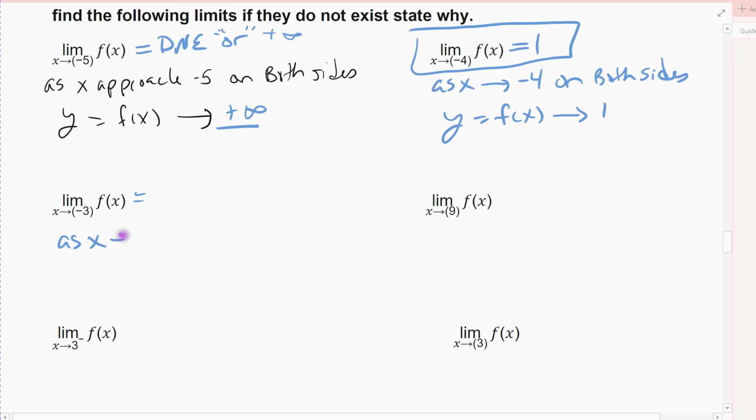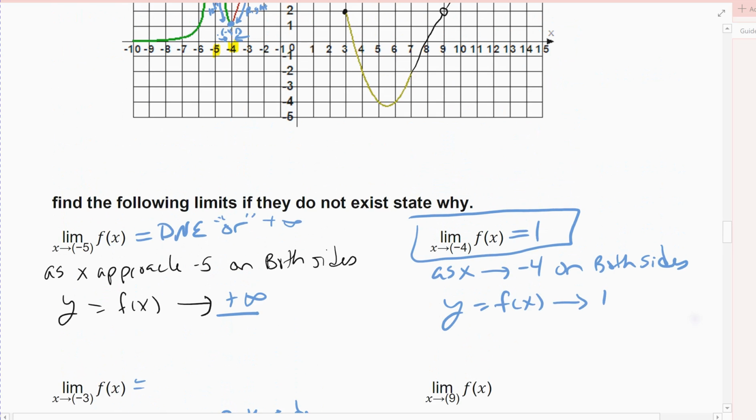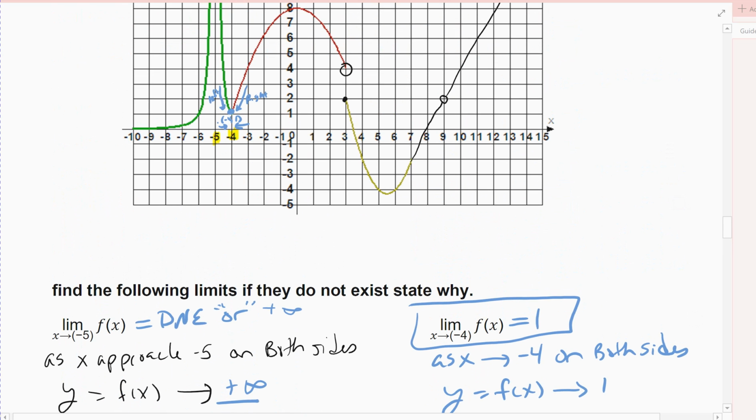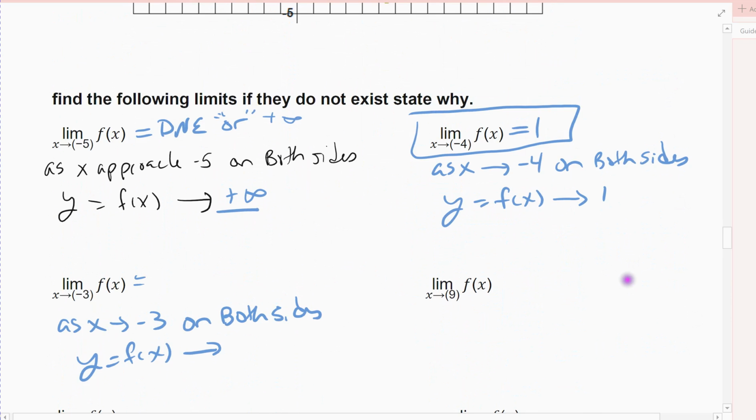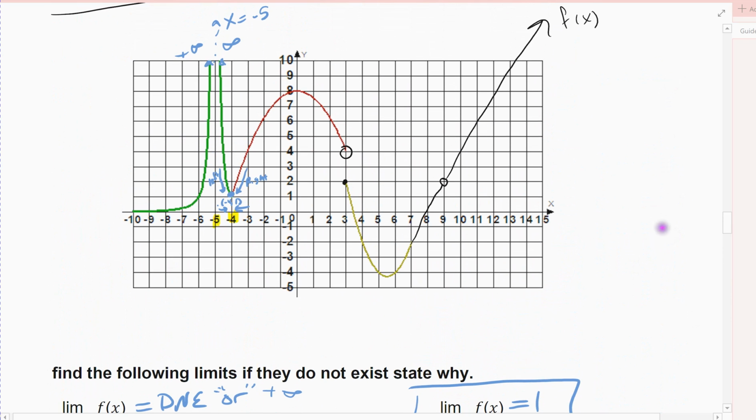All right, -3 is the next one we're going to look at. So as x approaches -3 on both sides, what's the function doing? f of x is approaching what on both sides? All right, so -3 puts me, so again, I'm going to erase this so that I don't have as much stuff to look at here.